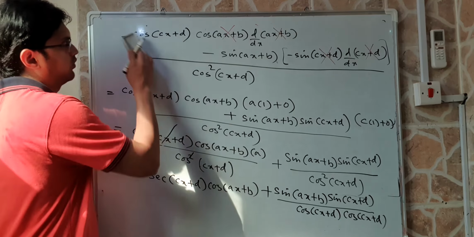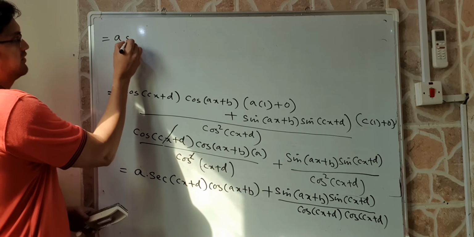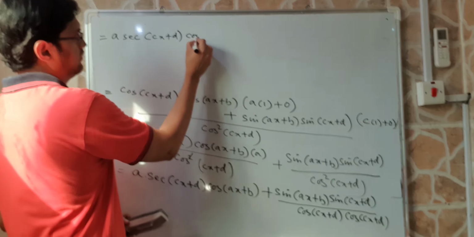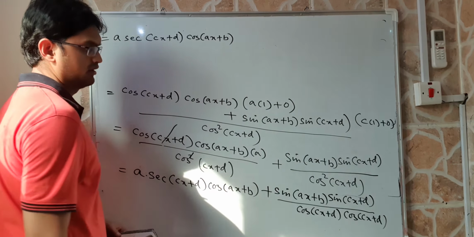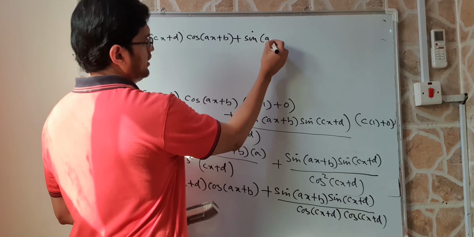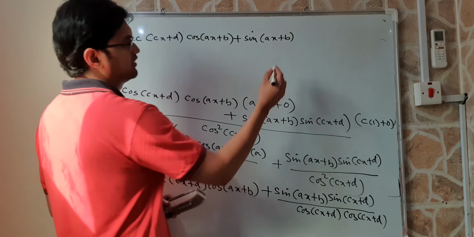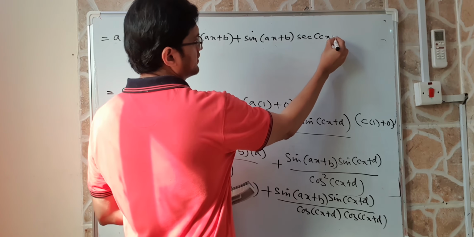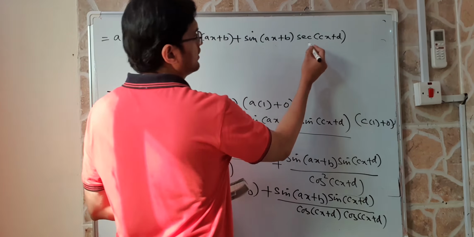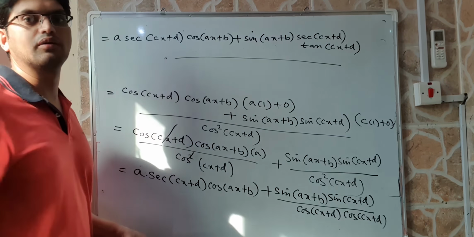So further, we will simplify further. You see, this is secant of cx plus d into cos of ax plus b. Here I'll be writing sin of ax plus b. What is 1 by cos of cx plus d? Secant of cx plus d, into, what is sin by cos? Tan of cx plus d. This completes our solution.